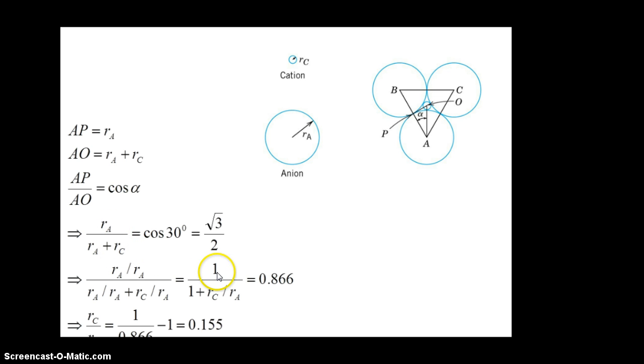So we get 1 over 1 plus RC over RA equals 0.866, and I flip that around a little bit, play with my algebra, and I'll get RC over RA to be 0.155.